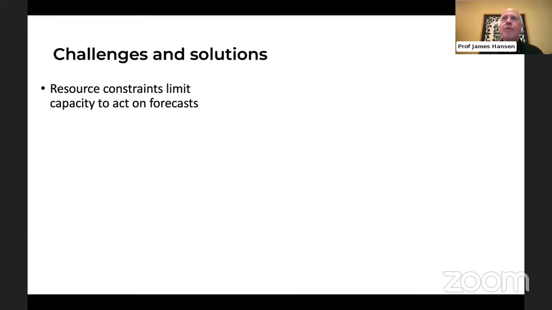But the problems that they raised also suggested solutions. So I'll just go over a few of the key challenges and some of the potential solutions.